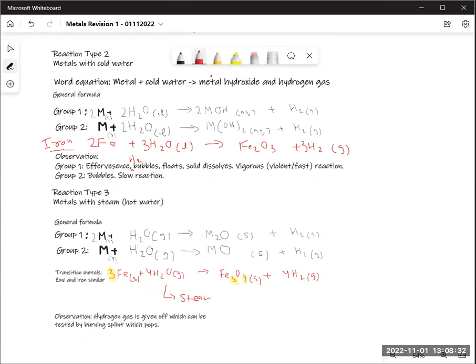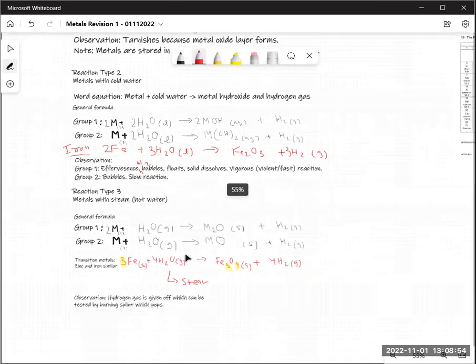Never mind. Well, the bubbles are hydrogen gas, by the way. We should know that. We just add it right here. Wait, what did we write for this? Oxygen, right? Which one? Before cold water. Before cold water was oxygen.